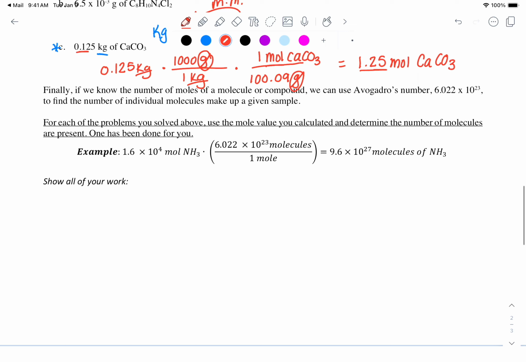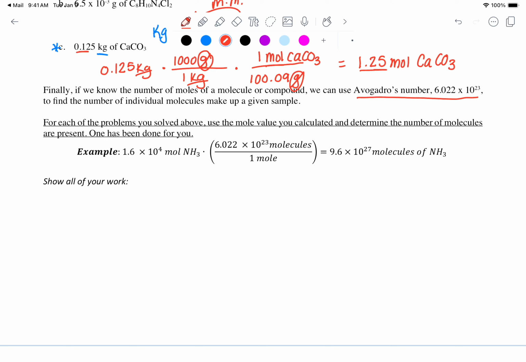The final part of what we're going to do in this worksheet is convert moles to molecules. We're going to use Avogadro's number, which is 6.022 times 10 to the 23 items, whether that's moles, atoms, molecules, ions, potatoes, whatever they are.